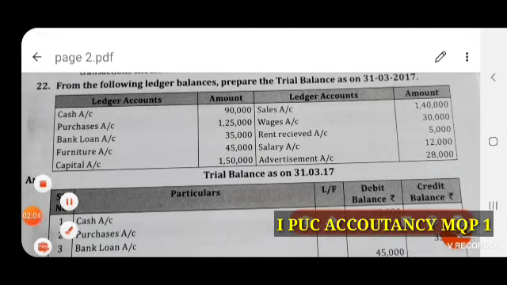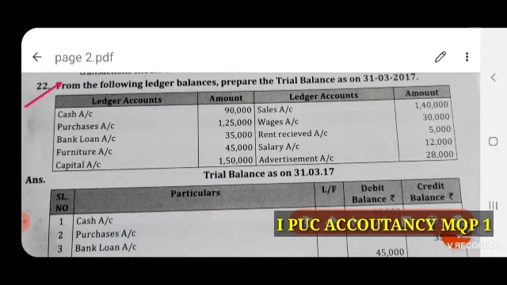Trial balance. From the following ledger balances, prepare the trial balance as on 31st March 2017. Trial balance is not an account, it is a statement. This statement is prepared with the help of ledger balances.